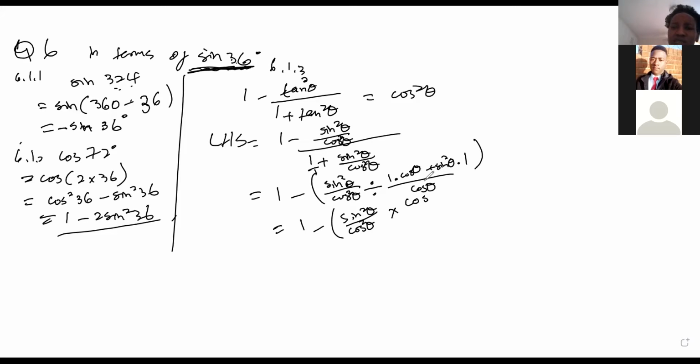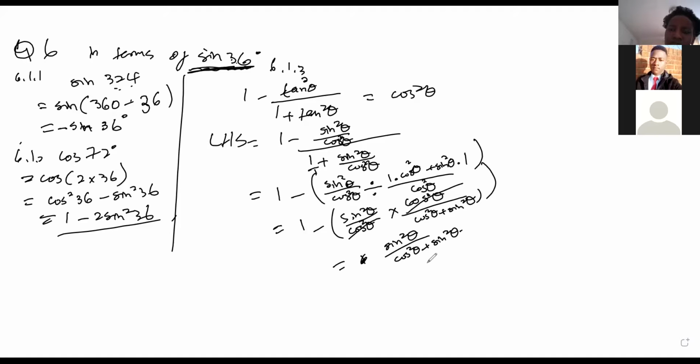There is a cos squared underneath. So we've got cos squared theta over cos squared theta plus sine squared theta. Then this will be 1, and you can see this will cancel that 1.